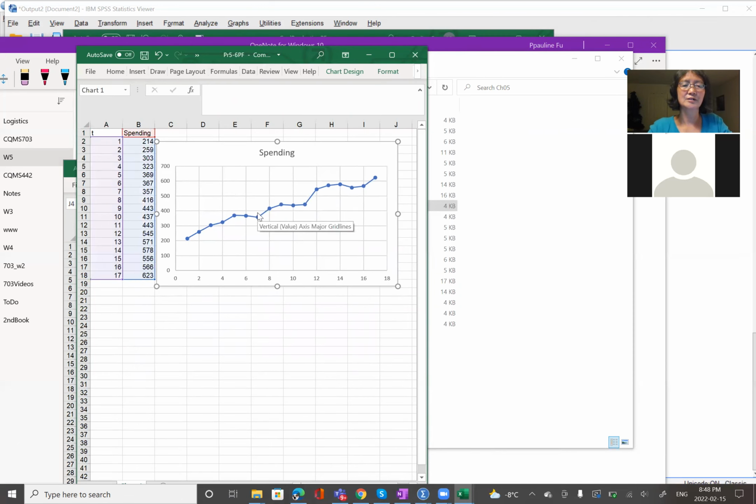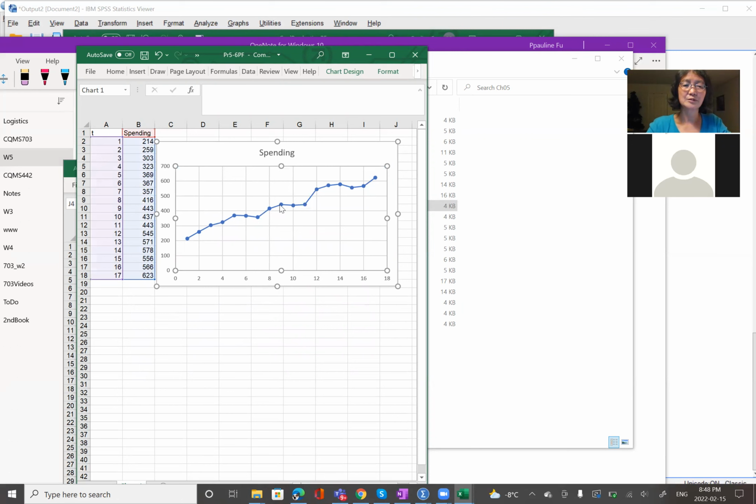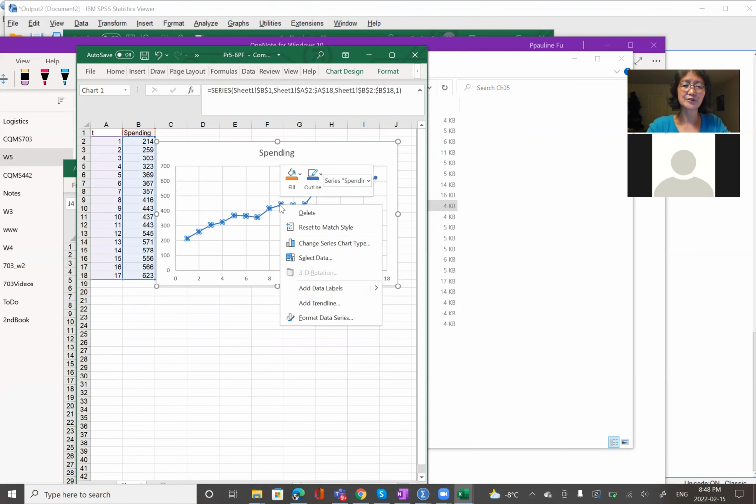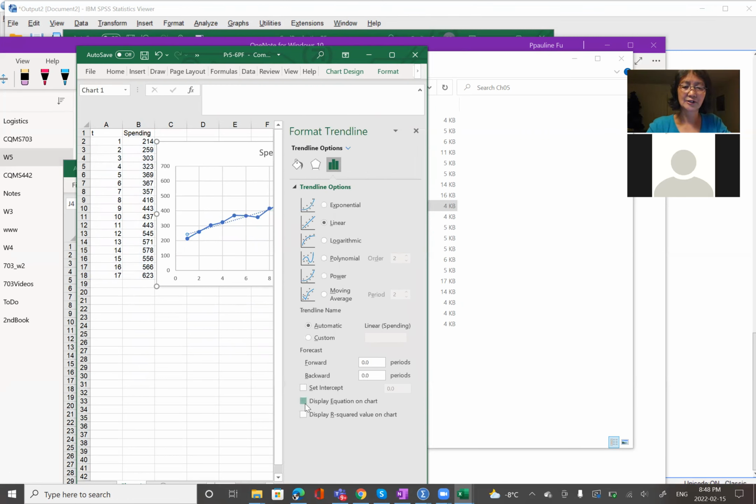And then you want to create the equation. Right-click your mouse, add trend line, display equation, display R square.